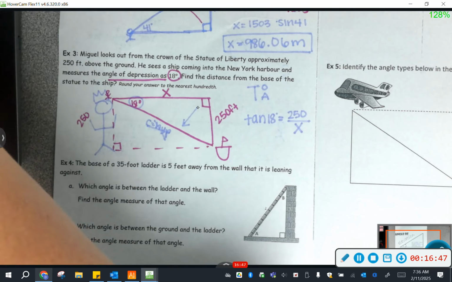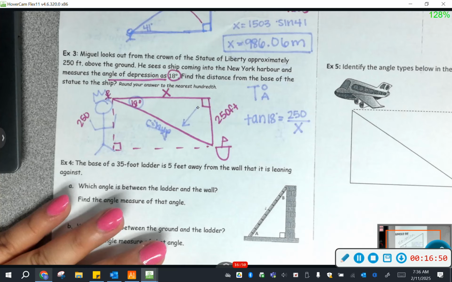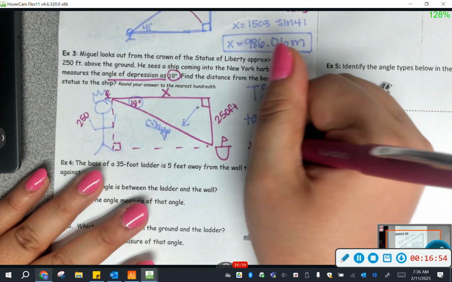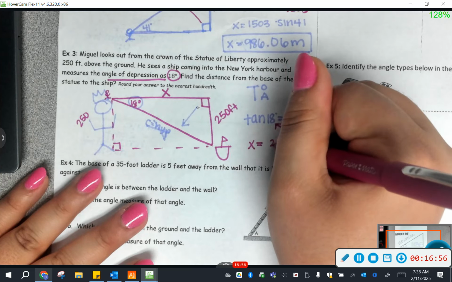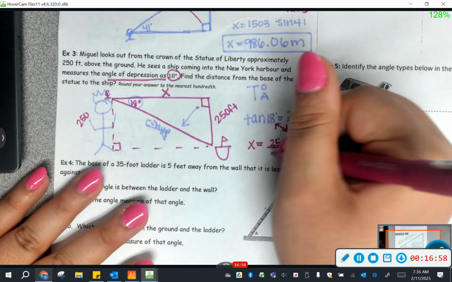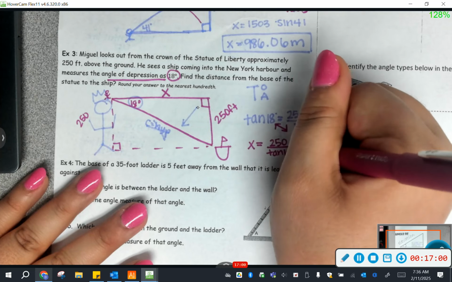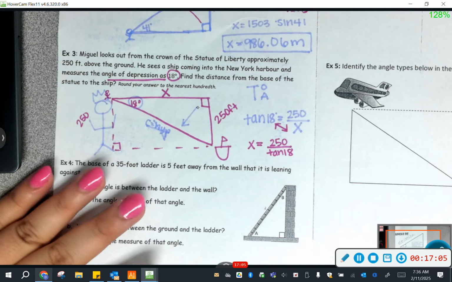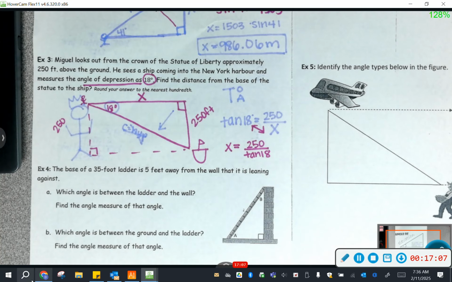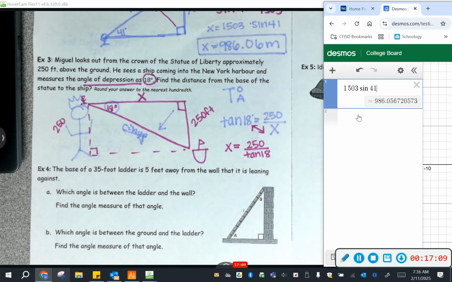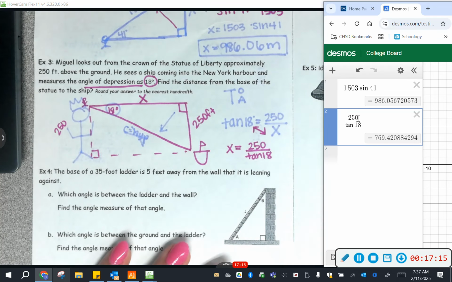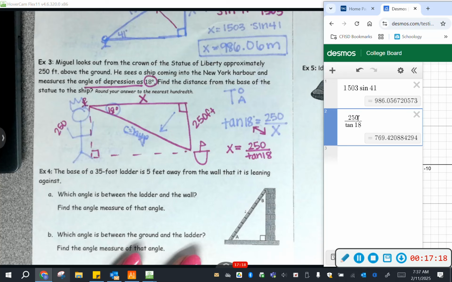And what do I do when X is on bottom every single time? Switch them and divide. X is now going to go to the left. 250 stays up top, and tan 18 goes to the bottom. And what is 250 divided by the tangent of 18? 769.42 is perfect.